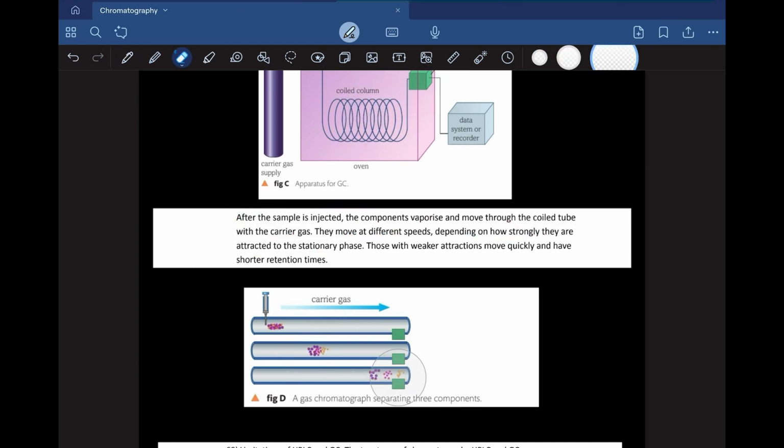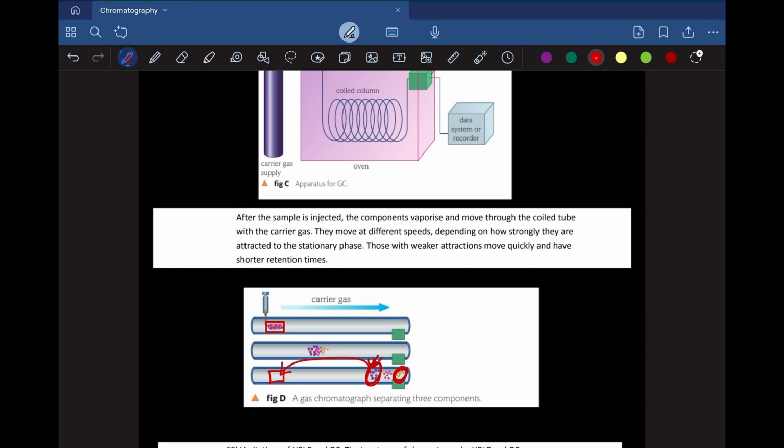There was a stationary phase right here. Let's say this particle is moving at the lowest speed, and this one is moving at the highest speed. This particle was very strongly attracted to the stationary phase, so it is moving at the lowest speed.